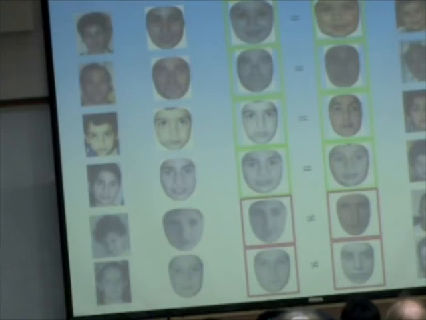And for the last 2, the age modeling didn't improve the results. On the leftmost column is the probe, on the rightmost column is the gallery. In the first row, the probe is at age 18 and the gallery is at age 0. And by doing the modeling, it worked.